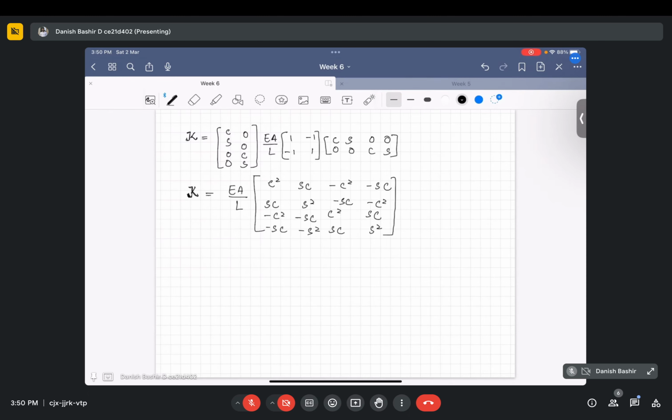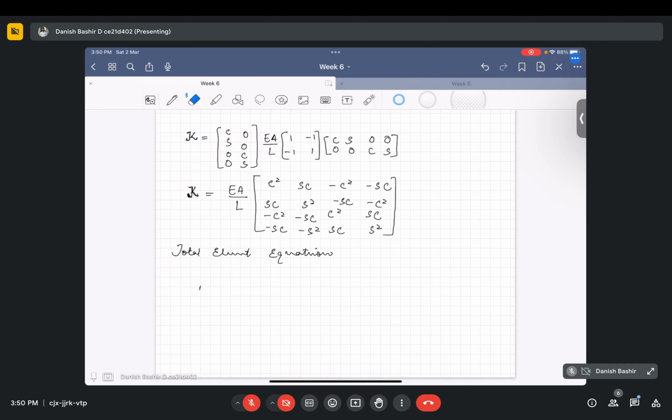So the total element equation will become like this.